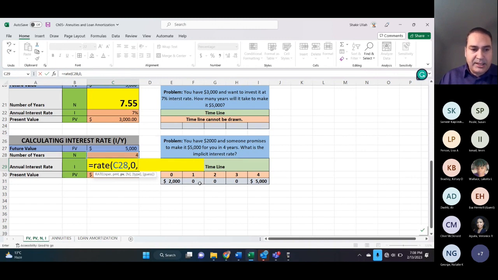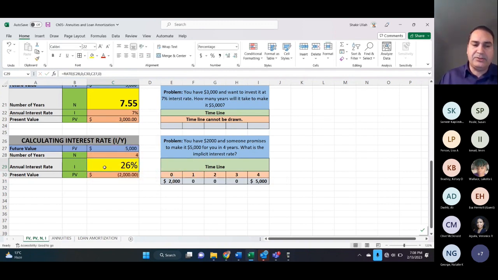Those interim payments, comma, present value, which is right here, this cell, comma, future value, which is 5,000, comma, the type, which is type zero. Payment is taking place at the end of the period. Ignore the guess and enter it. It gives you 26%. Sounds good? Yes, thank you. You're welcome.